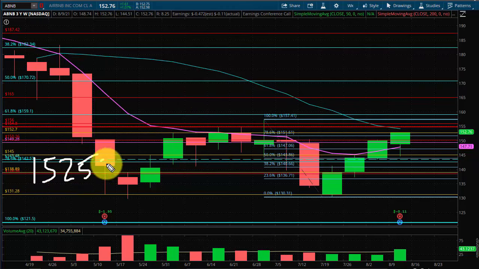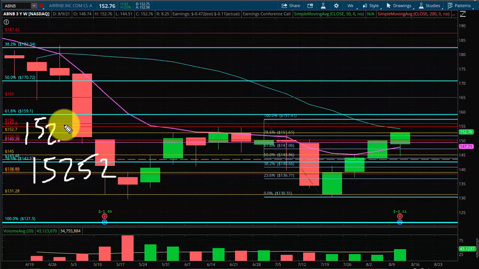Now, look how ridiculous this is. Look at the closing price on Friday, 152.76. So these slight indications that supply and demand are actually shifting are going to be able to make us some money here.